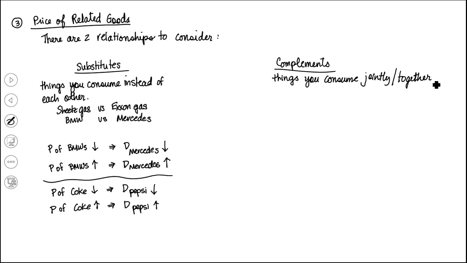So what might be some examples of products that you consume together? When you buy one, you generally buy the other because you like to consume them together. Peanut butter and jelly. All right, so peanut butter and jelly. And somebody said something else? Milk and cereal.